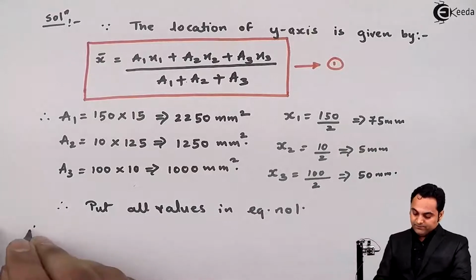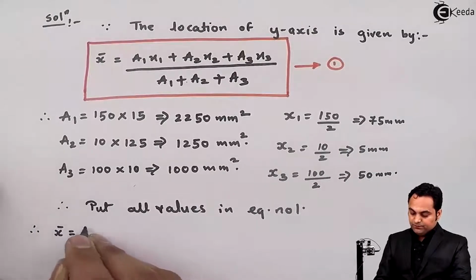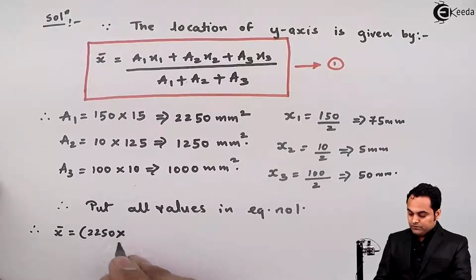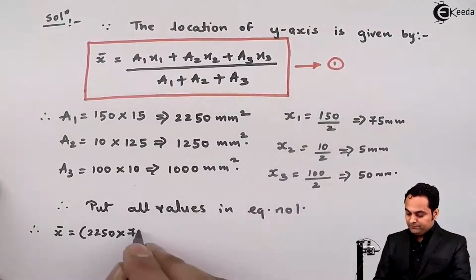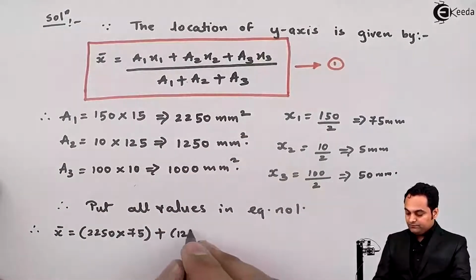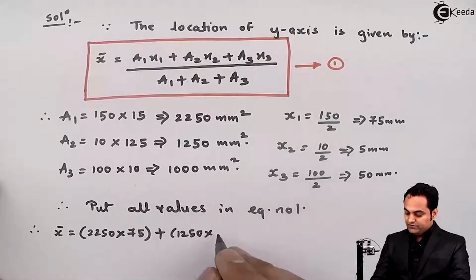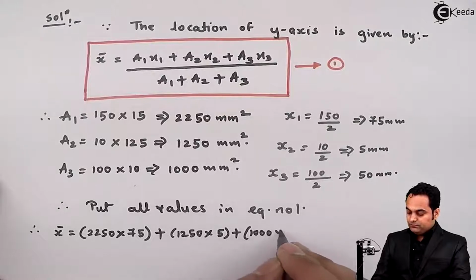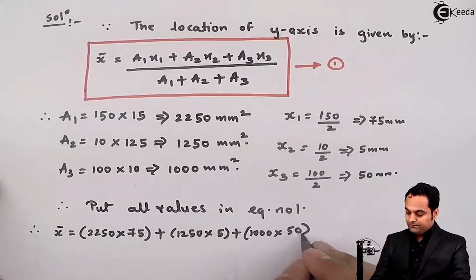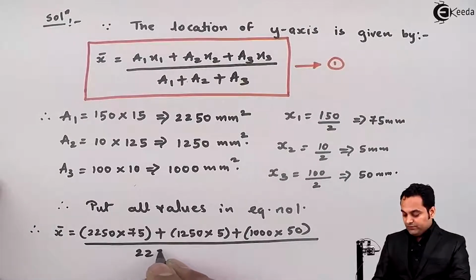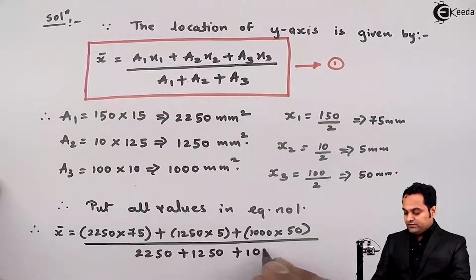Here we have x bar is equal to a1 into x1, that is 2250 into x1 which is 75, plus a2 is 1250 into x2 which is 5, plus a3 is 1000 into x3 which is 50, divided by a1 is 2250, plus a2 is 1250, a3 is 1000.